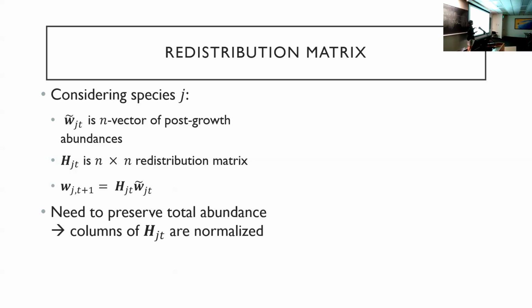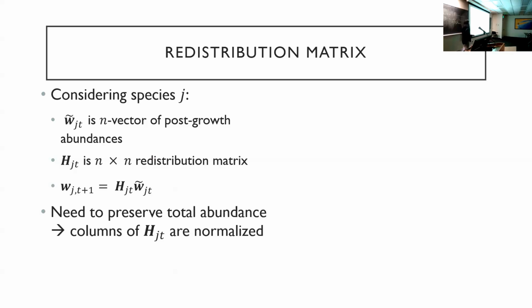That's all this H is. It's saying, here's how I believe these species are moving and redistributing across the map. And so we're getting the latent abundances at time t+1, which is equal to where they were post-growth at time t after redistribution.